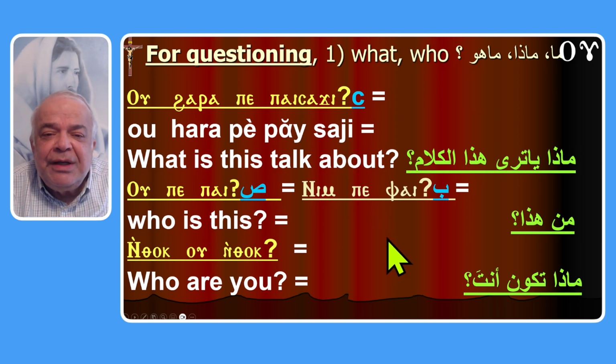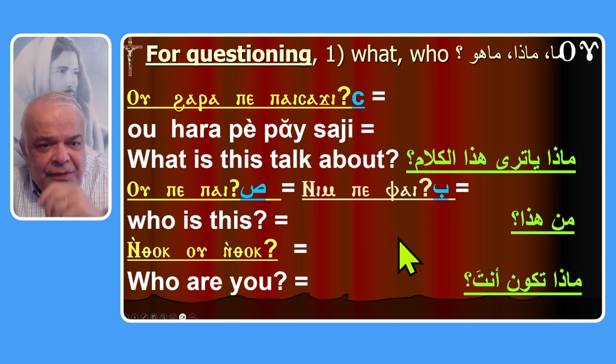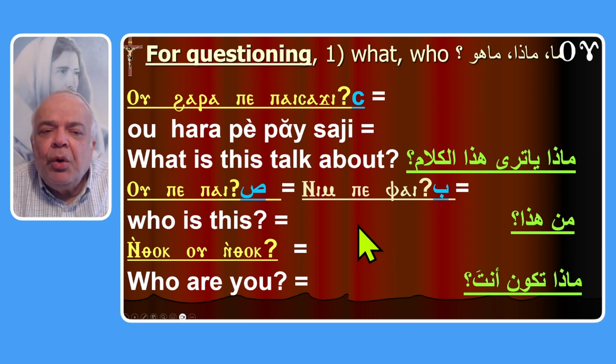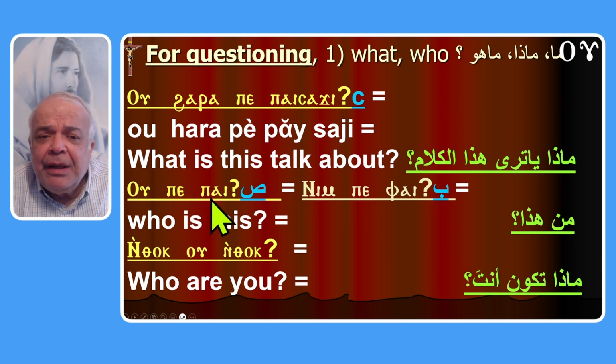The usual demonstrative articles start with the famous three letters, P, Paul, or T, Tom, or Ni, Nancy. P, Paul for masculine, singular. T, Tom is for feminine, singular. Nei, Nancy is for plural, both masculine and feminine.